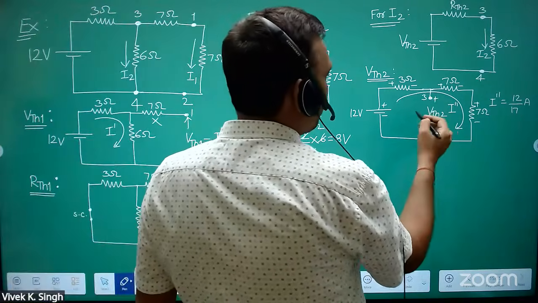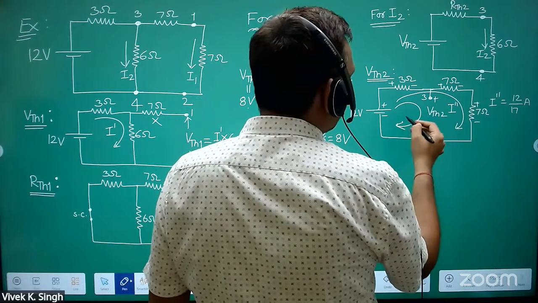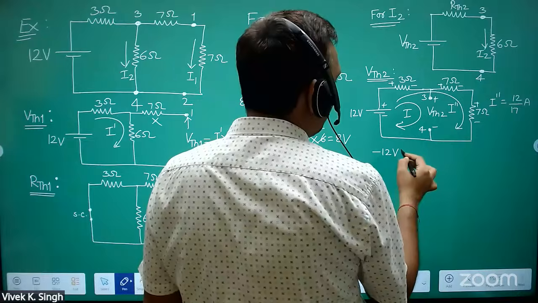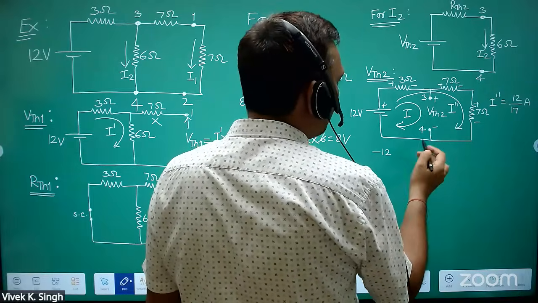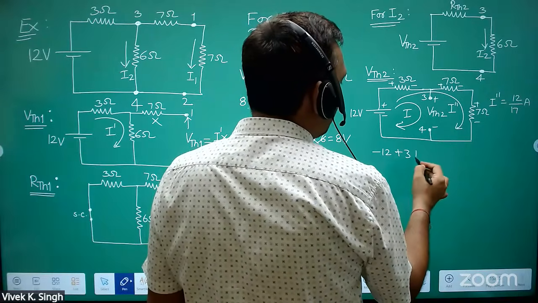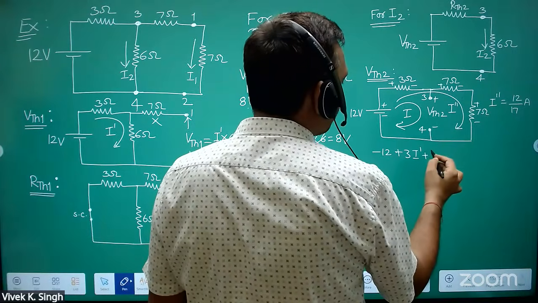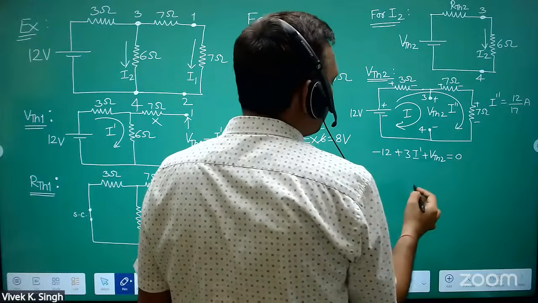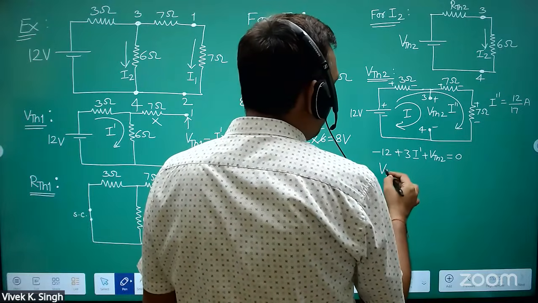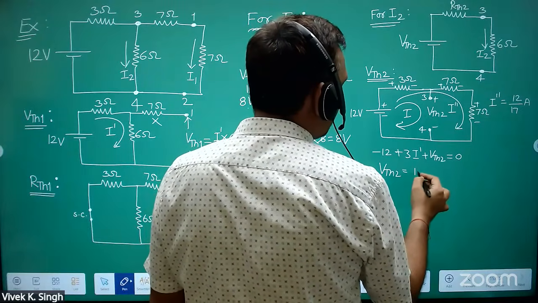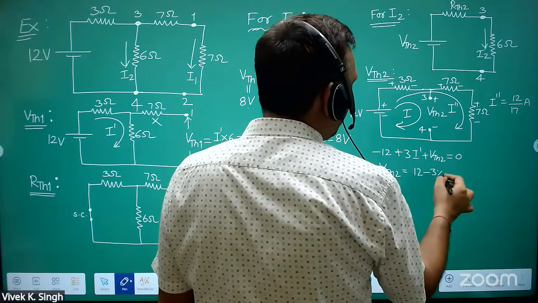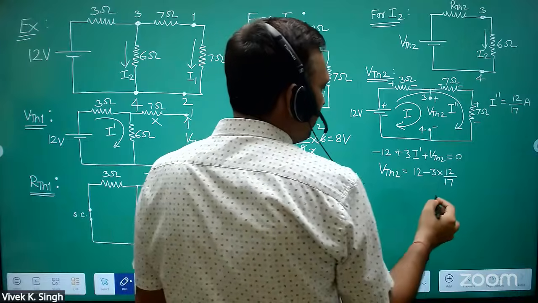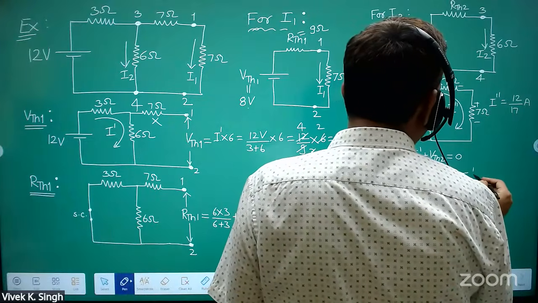Now you have to find this value. So I am considering this particular loop. In loop 1, if you apply KVL, you will get minus 12 volt plus 3 I double dash plus VTH2 is 0. Then VTH2 is 12 minus 3 into I double dash. What will be this value?